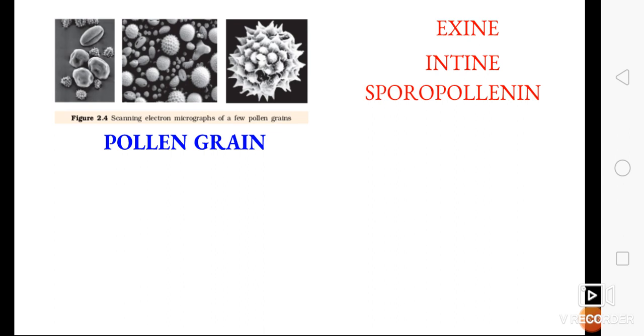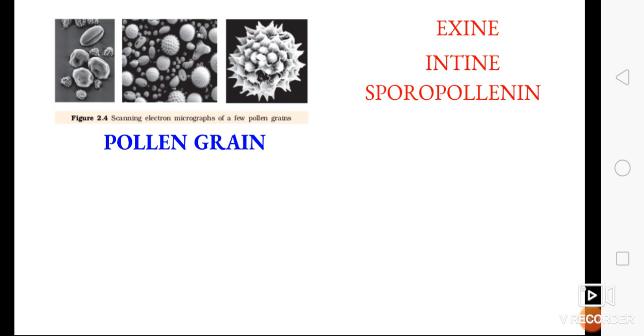It is not digested by enzyme. That means sporopollenin is a long-lasting molecule, one of the most resistant biochemicals. So a pollen grain covered with this resistant chemical can remain in different parts of the earth for many years, for many centuries.